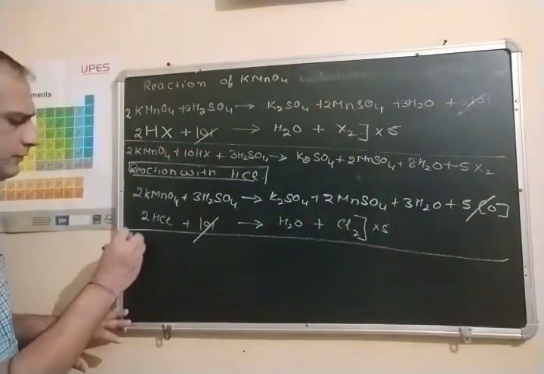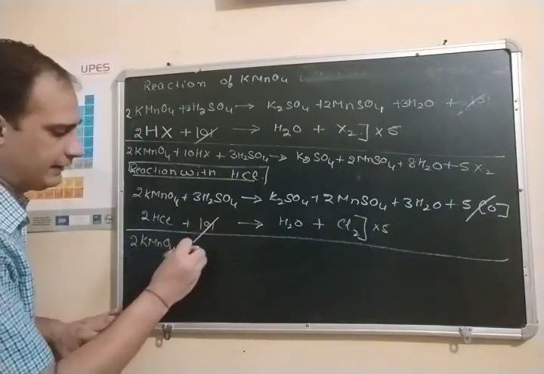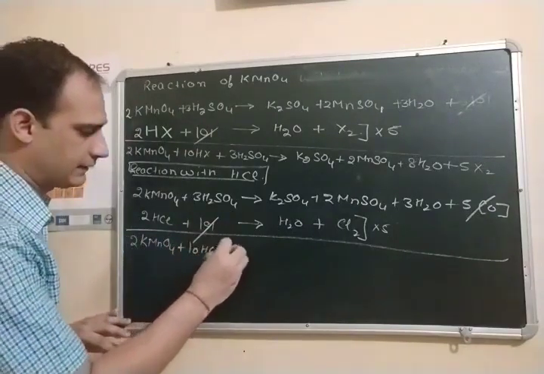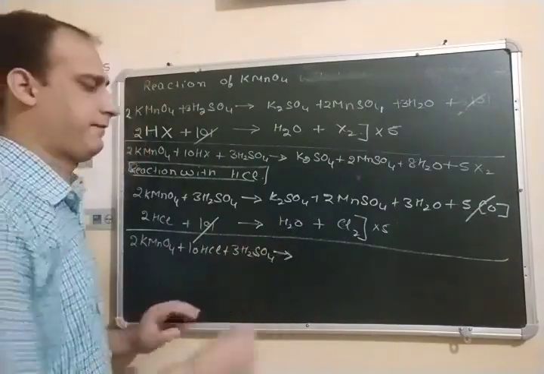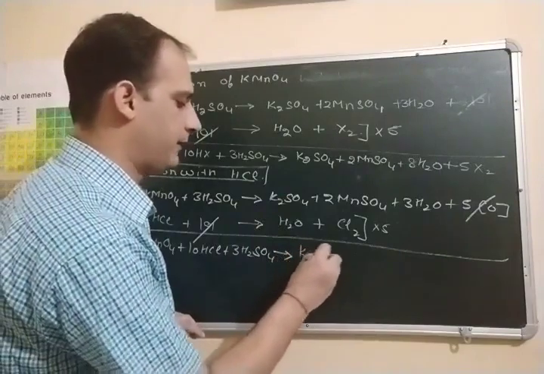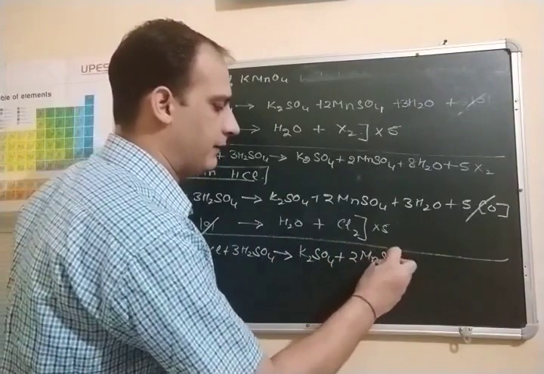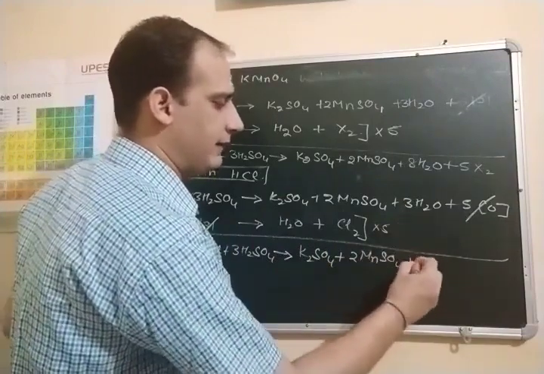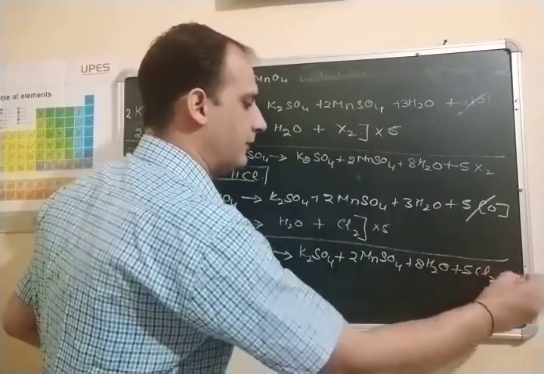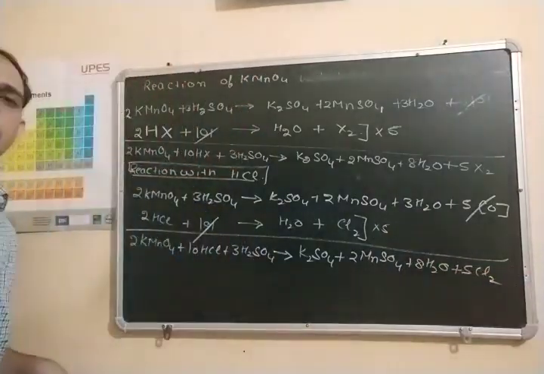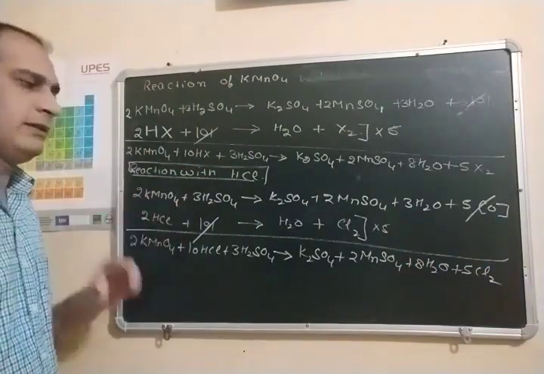So 2 KMnO4 plus 10 HCl plus 3 H2SO4 will form K2SO4 plus 2 MnSO4 plus 8 H2O along with the formation of 5 Cl2. This will be the overall equation, showing how KMnO4 in acidic medium reacts with hydrochloric acid.